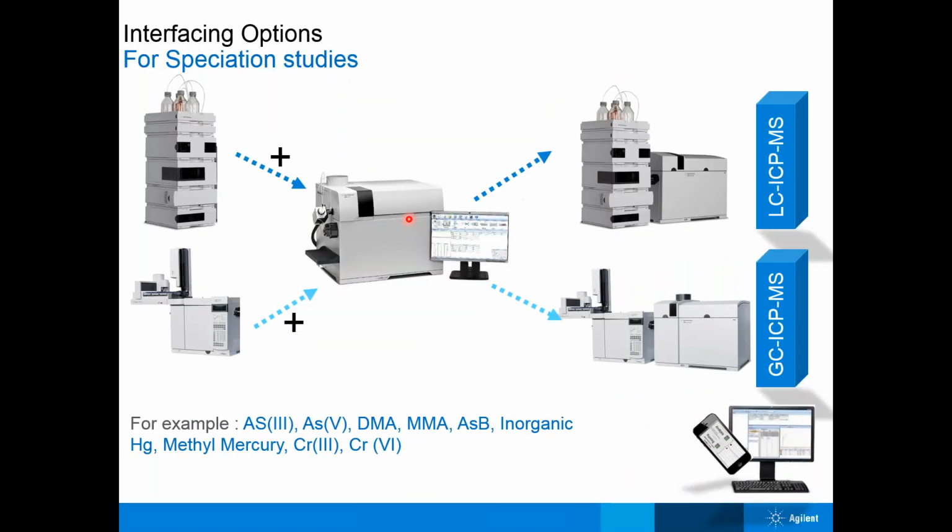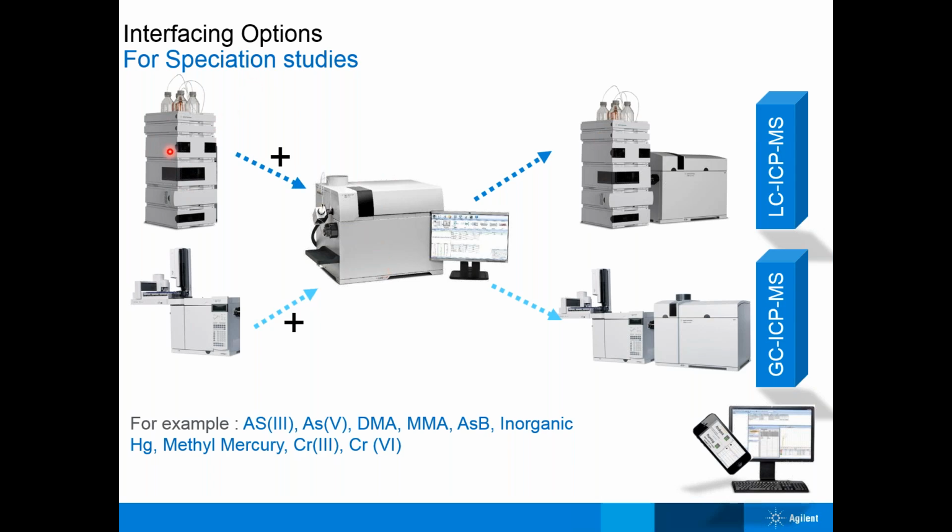You can also hyphenate the ICP-MS with the HPLC, and when you hyphenate the ICP-MS with the HPLC, it is called LC-ICP-MS. So what is the advantage? Why are we talking about speciation here? If you want to estimate trivalent arsenic or pentavalent arsenic, ICP-MS will give you the total arsenic.